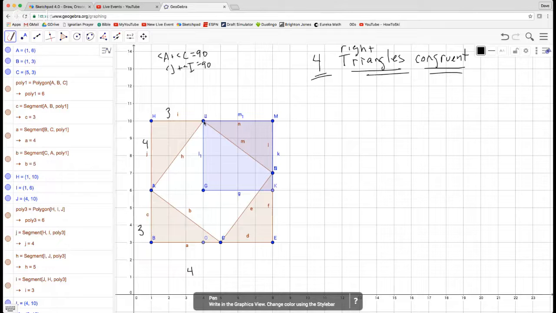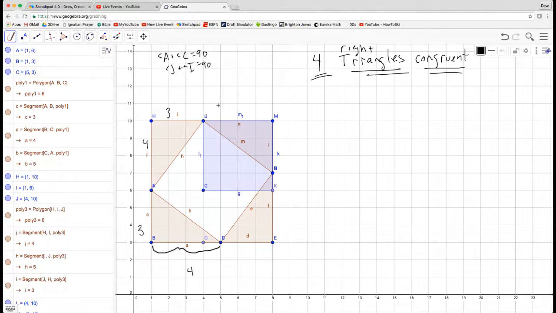Well, first of all, from here to here, remember, this is A. This triangle is the same distance as this. It's 4 in this case, but let's just call this side A, right? This square from here to here is A. And from here to here, how long is it?